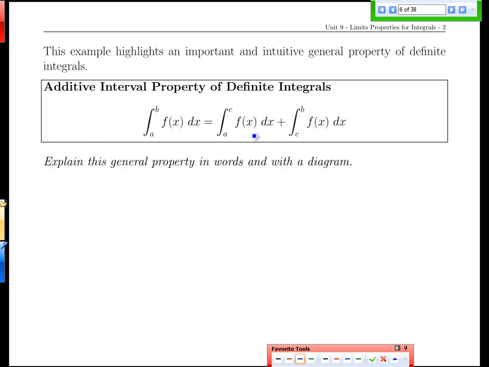Here it is written out more formally. The integral from a to b of a function with respect to x can be the same as the integral from a to b, put squares around these ones. So the starting point's the same, the end point's the same, and then we insert a breakpoint somewhere in the middle, which is going to allow us to break this long integral into two smaller ones.